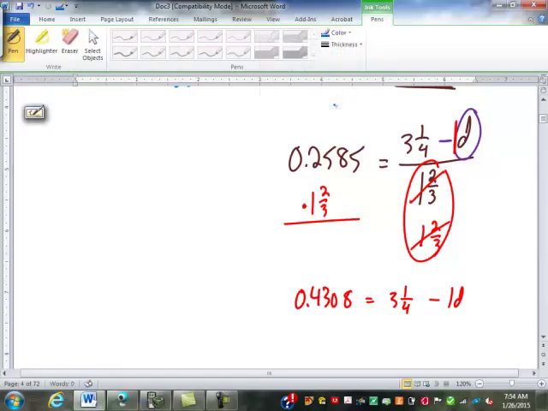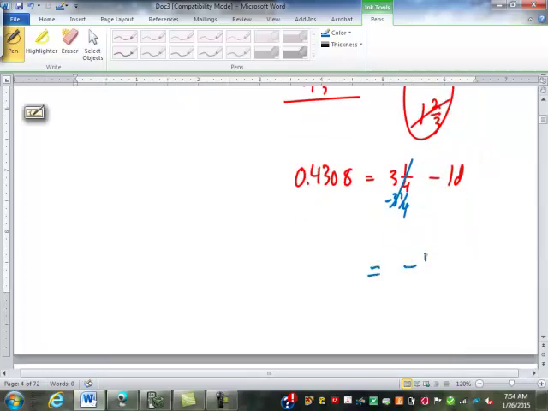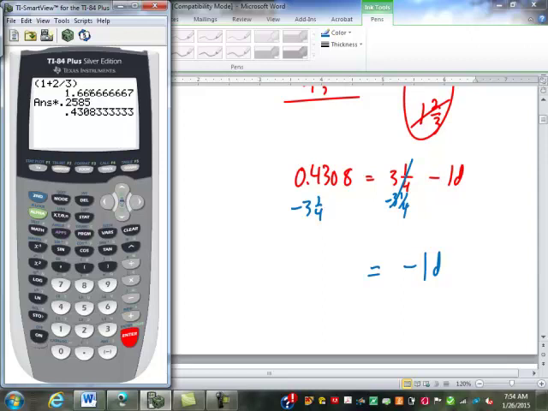Now what's the next thing I would have to do here to solve? I'd have to subtract the 3 1/4, right? That would leave me with just the -1d here. So now I'm going to take that answer that's in my calculator and subtract, and again, I have to fool my calculator into doing fractions, 3 1/4. That gives me -2.8192.